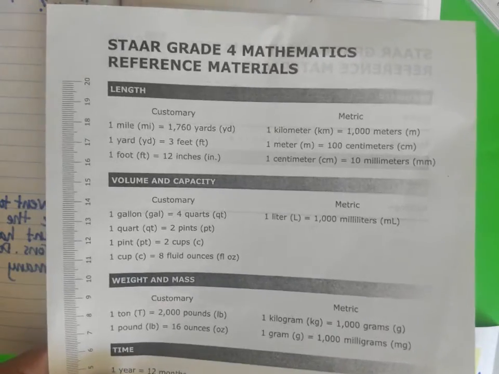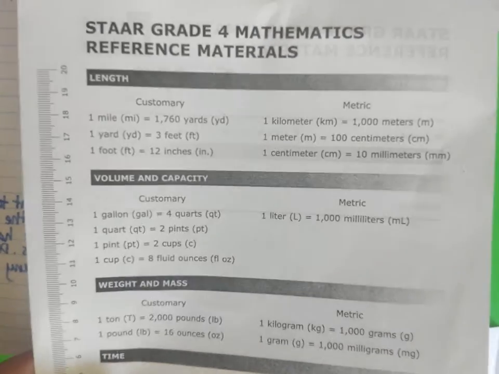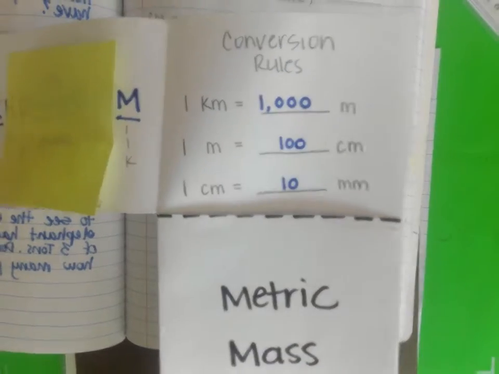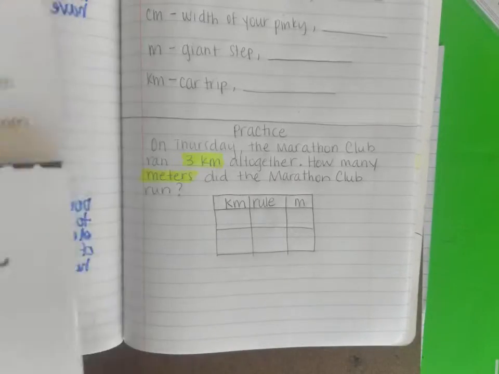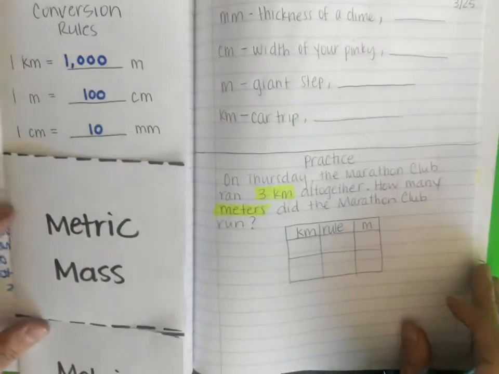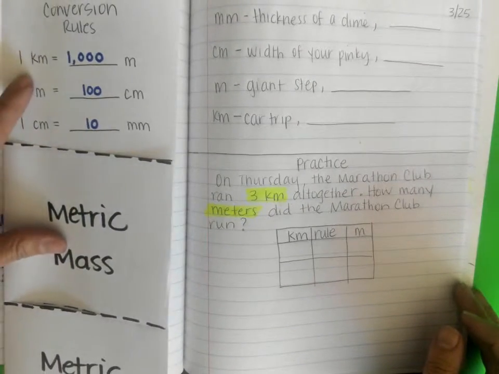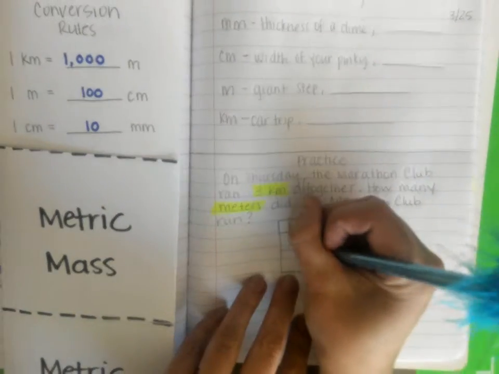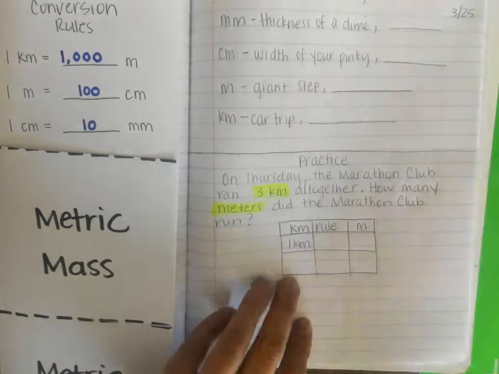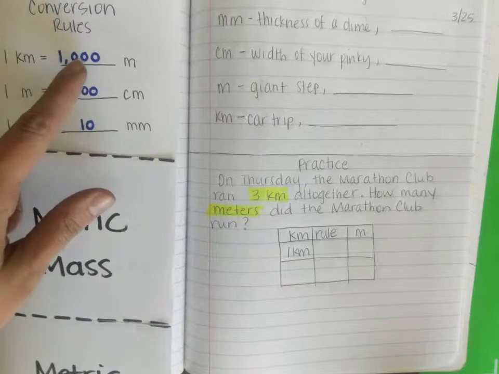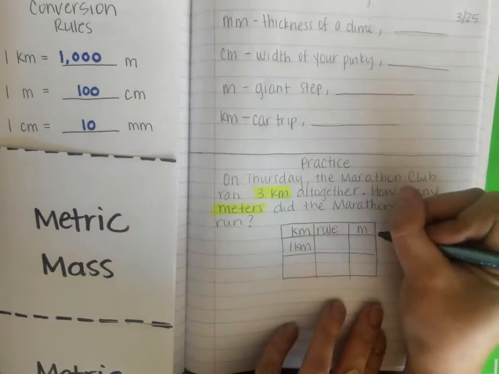If you said your star chart, you are correct. And if you said our foldable, you are also correct. So we are going to look right here, and we're going to see that 1 kilometer equals 1,000 meters.